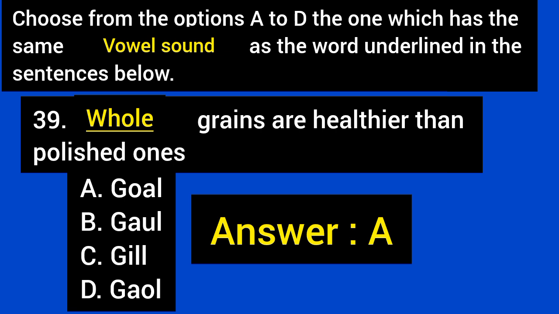The gill is the organ which allows fish to breathe under water, right? That is the gill. Okay, so we have whole and gill. I think this one is automatically disqualified.